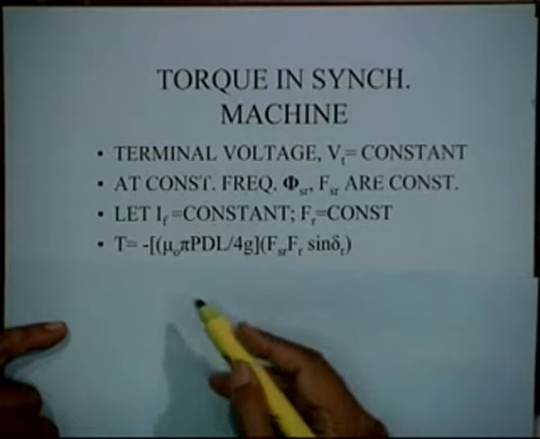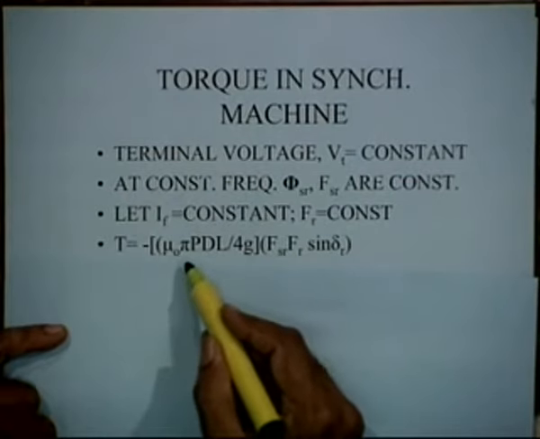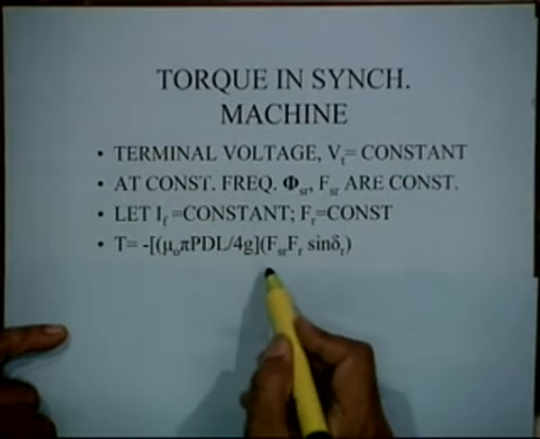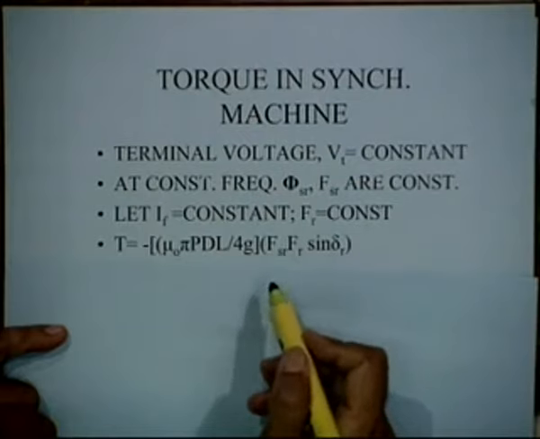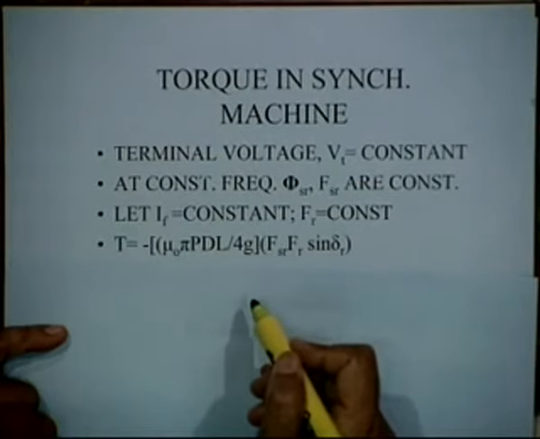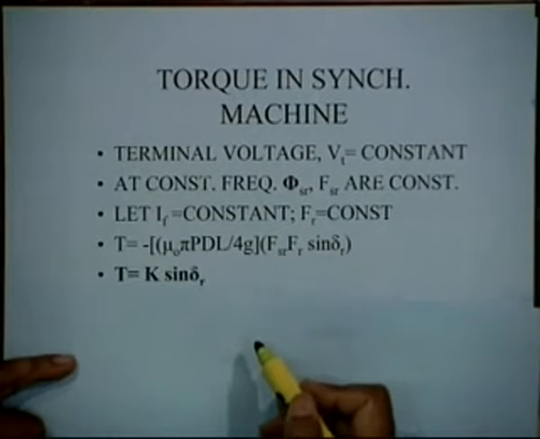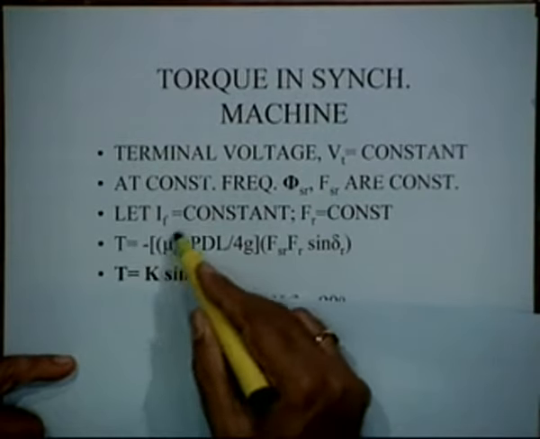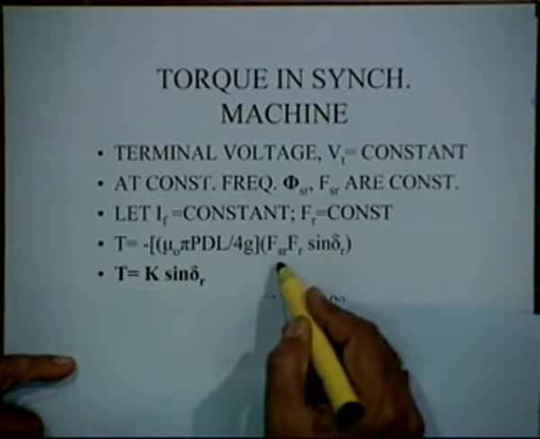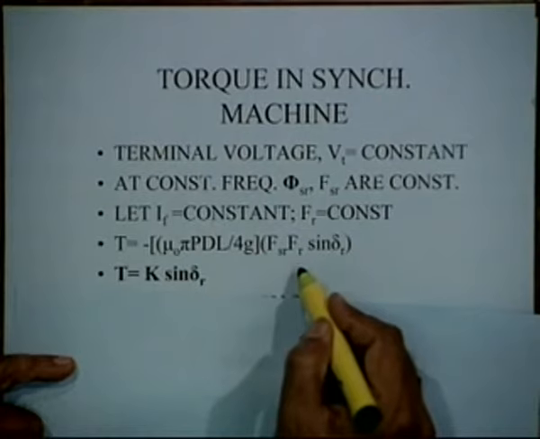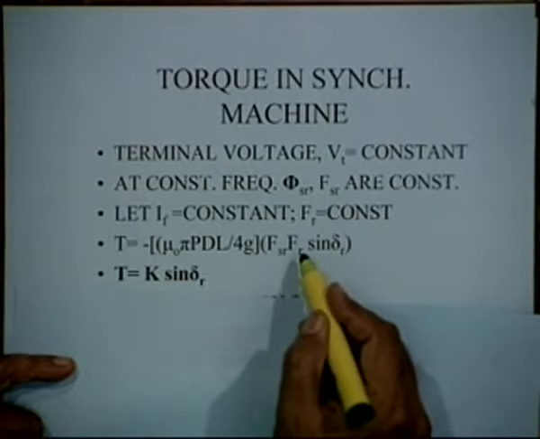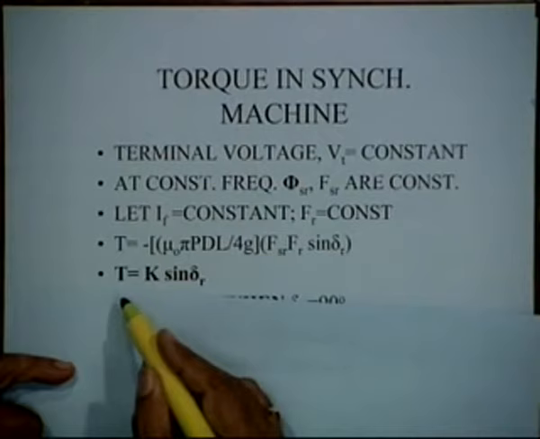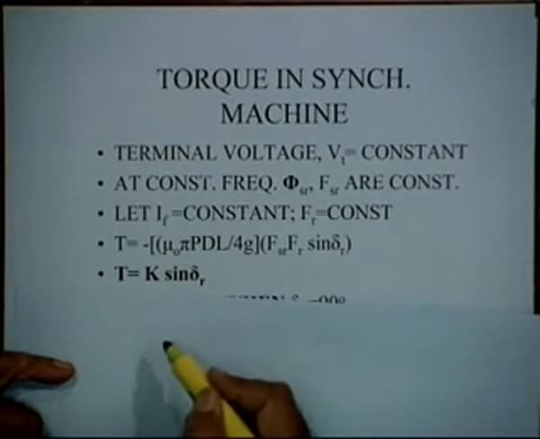Then we use this formula, T is equal to minus mu naught pi PdL by 4G into FSR Fr sin delta R. We know FSR is constant and Fr is constant. We say they are all specified, they are constant, so we can write torque is equal to some constant into sin delta R.